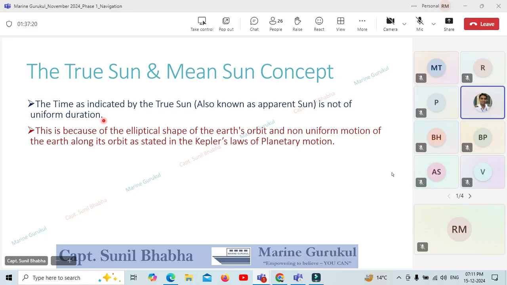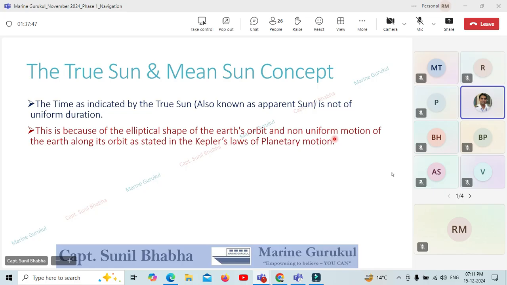Now, why is the time measured by the true sun of a non-uniform duration? Why does the duration of time keep on changing? This is because of the elliptical shape of the Earth's orbit. The orbit of the Earth around the sun is elliptical, and when the Earth is moving in its orbit, the motion of the Earth is non-uniform.